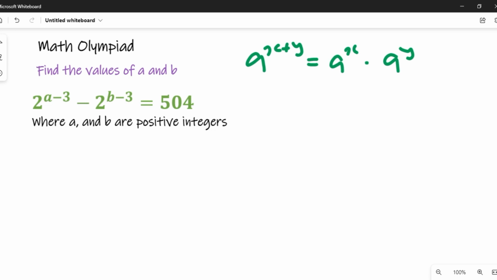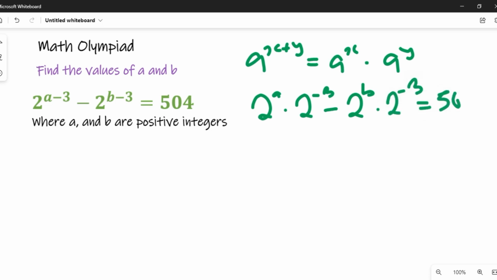If we apply this law, our 2^a will multiply 2 raised to the power minus 3, minus 2^b will multiply 2 raised to the power minus 3, and that will give us 504.